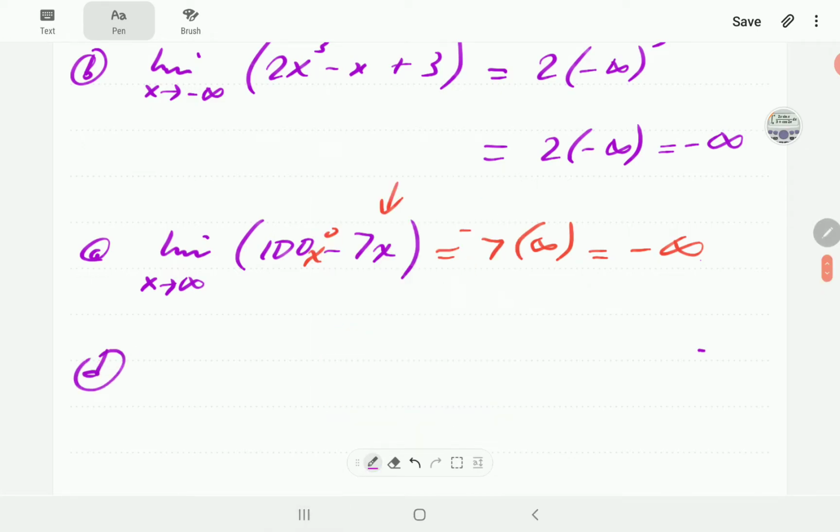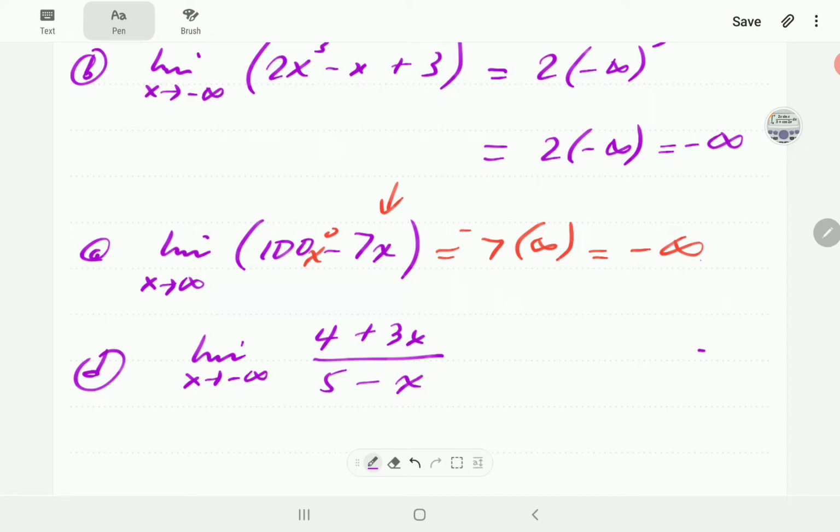D. So in D, we have got the limit as x goes to negative infinity of 4 plus 3x all over 5 minus x.